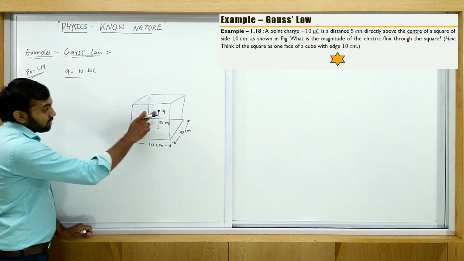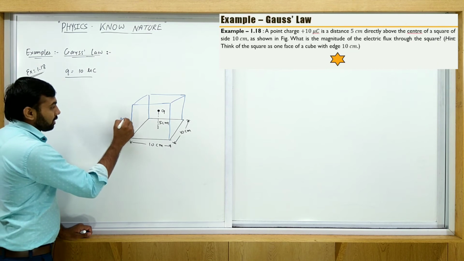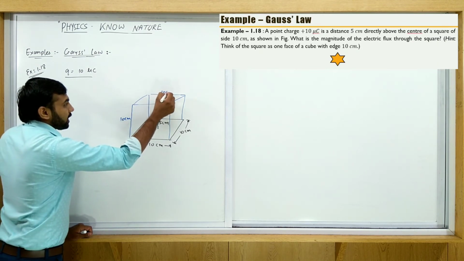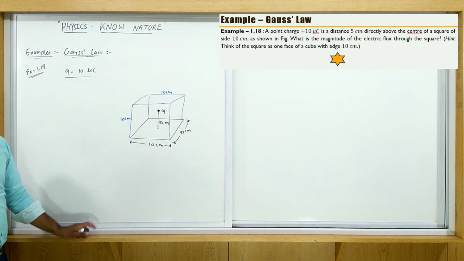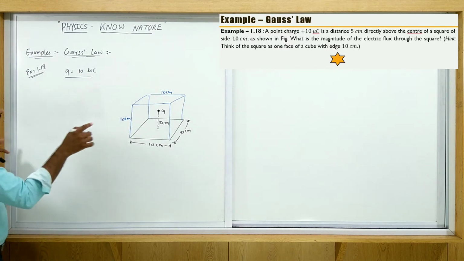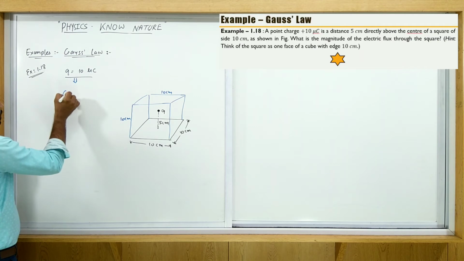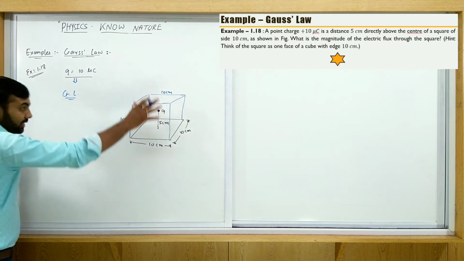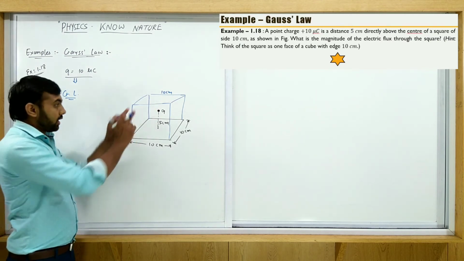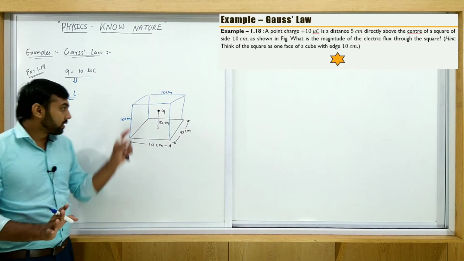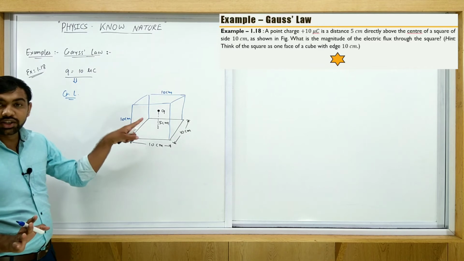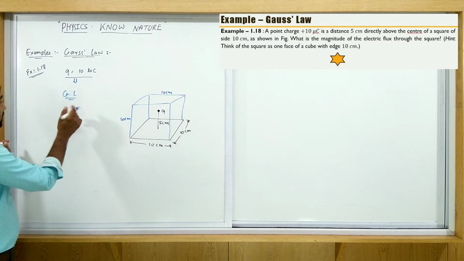This side is 10 centimeter and this is also 10 centimeter. So Q is at the center. Let's use Gauss law in this situation. Right now this cube is a closed surface for the charge q, and charge q is at the center of this cube. So what is Gauss law?